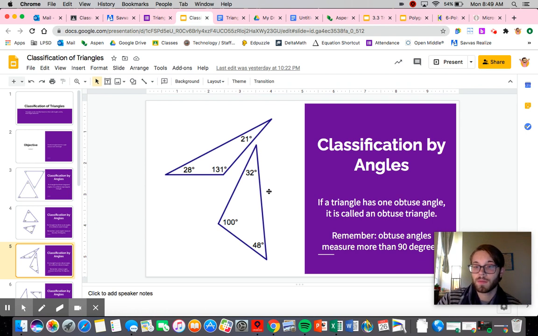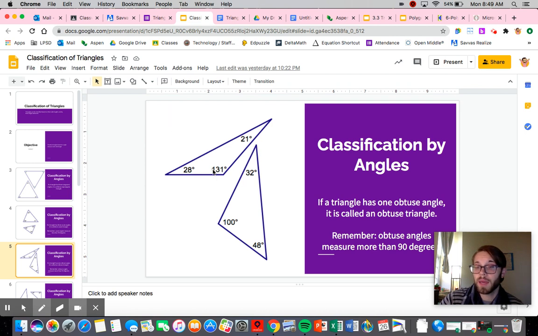Now, if there is one angle that is greater than 90 degrees, it's an obtuse triangle. You're probably wondering, well, why can't there be more than one? That comes from the fact that obtuse angles are bigger than 90 degrees, and we know that all three angles in a triangle must add up to 180.